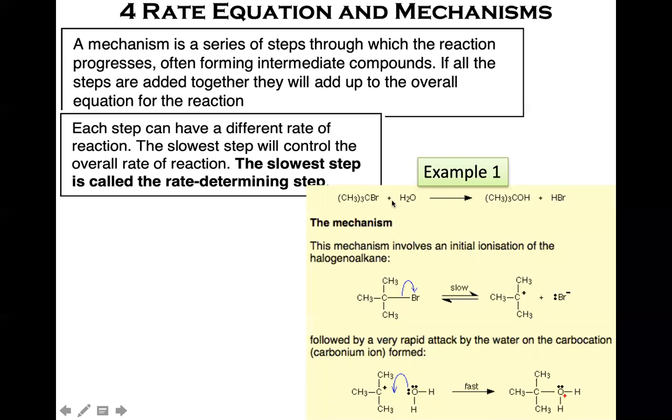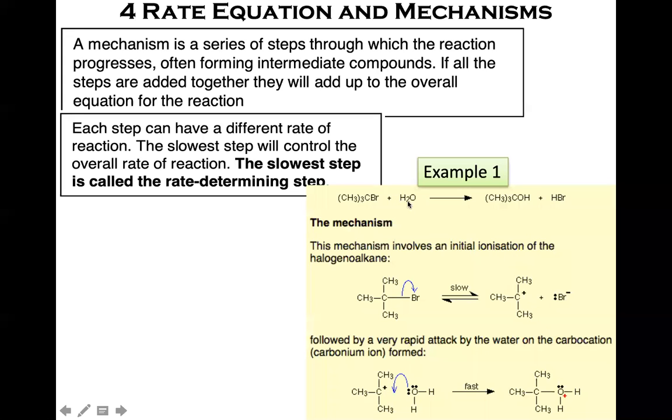That's why you don't see the intermediate in the equation. So the equation of a reaction is actually simplified. It just tells you what you start with and what you end up with. Mechanisms actually tell you what is happening.